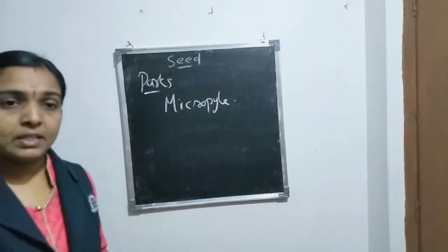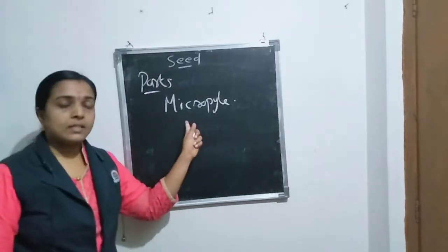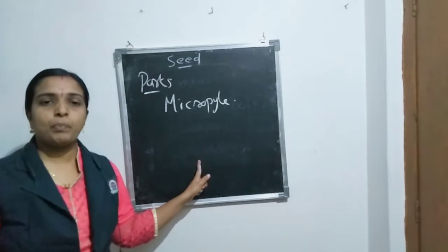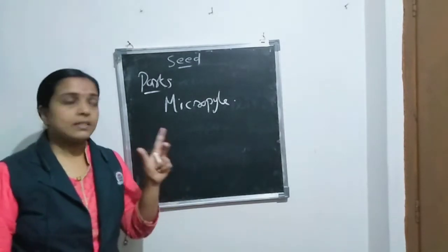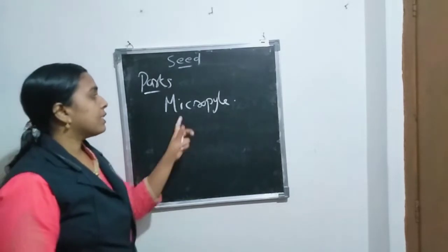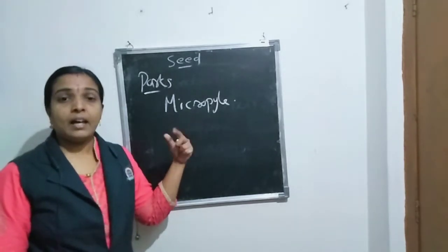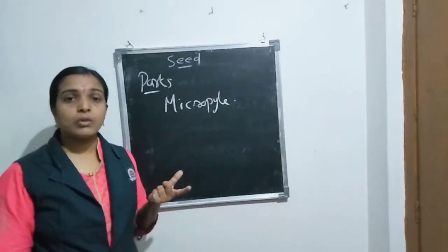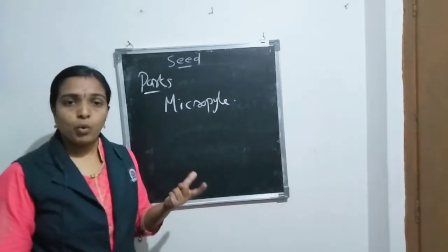Micropyle is also present in the ovule, and the same micropyle is also present in the seed. This is an opening. In seed, micropyle helps in aeration or absorbing oxygen and also absorbing water.